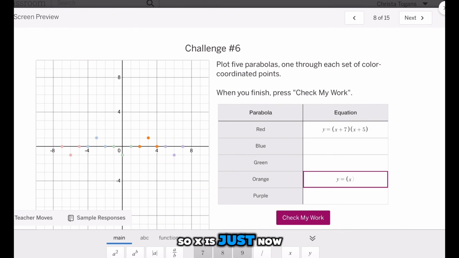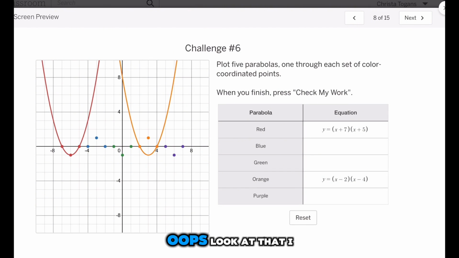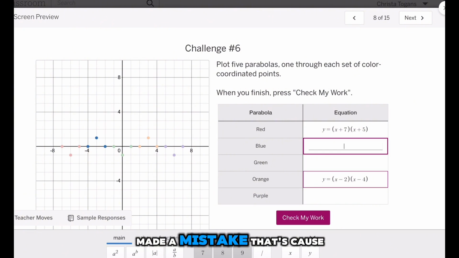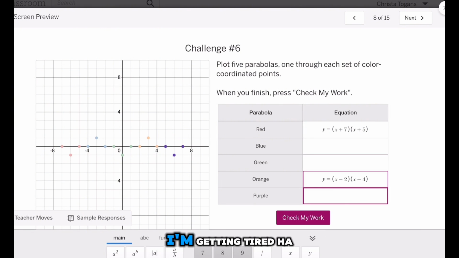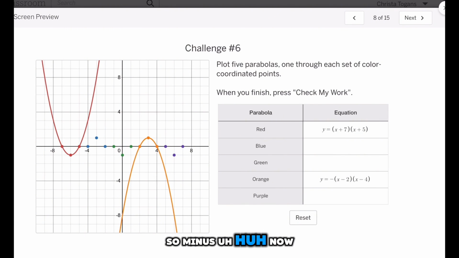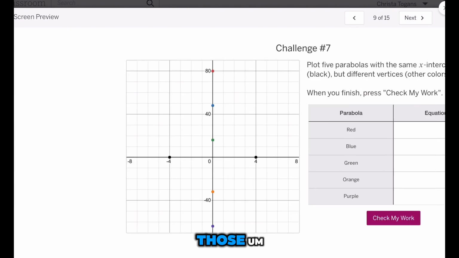Now, because it's on the other side, my x-intercepts are positive, so it's going to be x minus, sorry about that, x minus, it was 2, and then x minus 4. Oops, look at that, I made a mistake. That's because I'm getting tired. So minus. Now it is your job to figure out the rest of those.